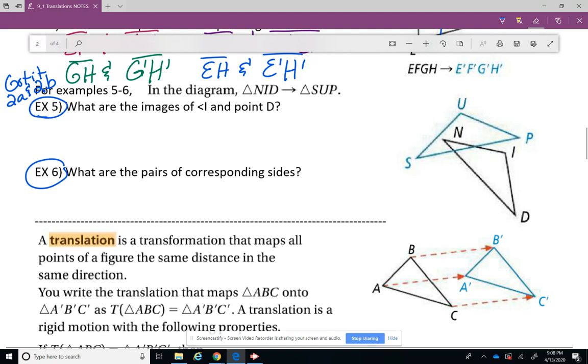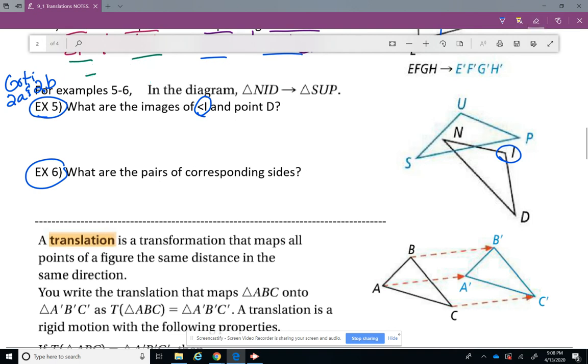You can do that. So what they want to know here is what are the images of angle I. So here's I. Now, if you can't tell in the picture, go back here. I'm going to erase a little bit above so you're seeing exactly what I'm pointing to. If they want to know what corresponds with I, you're going to go to the middle here.